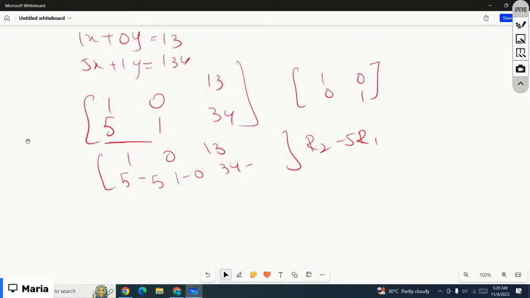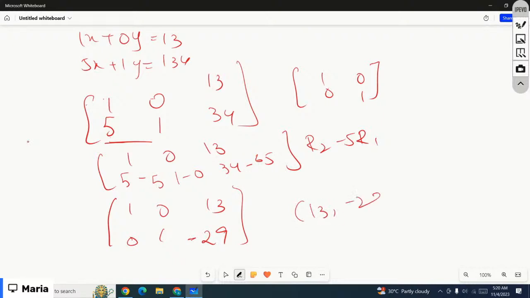34 minus 65, right? So it is 1 0 13, 5 minus 0 is 0, 1 minus 0 is 1, and 34 minus 65 is negative 29, right? You can see now here you have 1001. That means the solution of the system is 13 and negative 29. Got it? The correct option is 13 and negative 29.